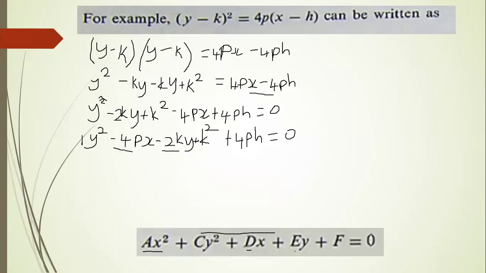And the constant f would be k squared plus 4ph. Basically that is how we can rearrange the formulas to get our general equation. Also, a point to note, those conics are not rotated as yet. Next slide, Sir Andrew.